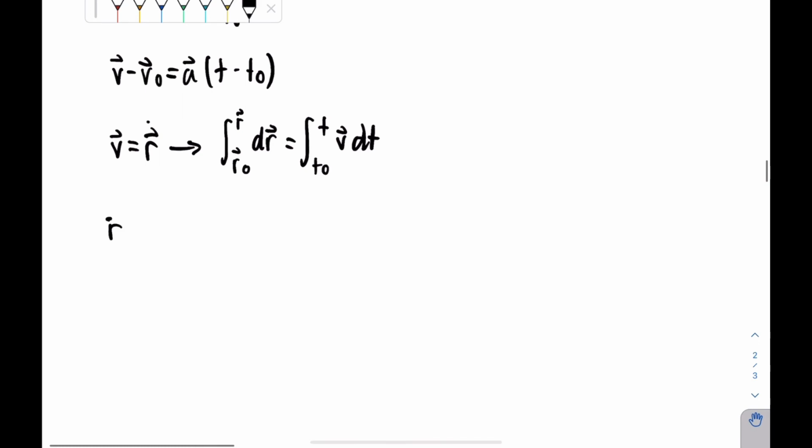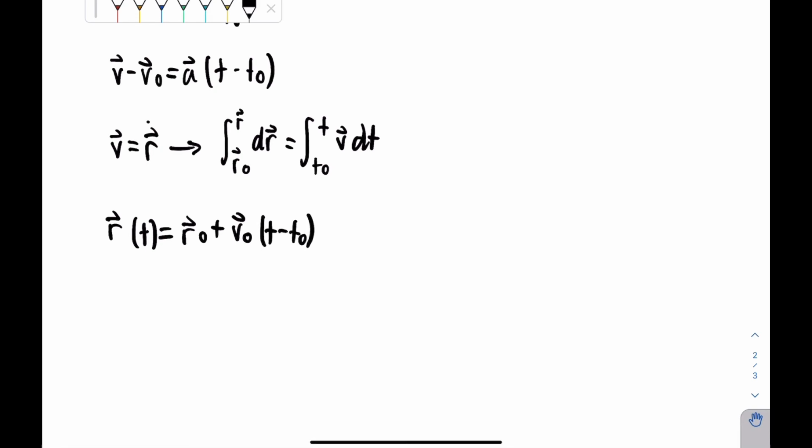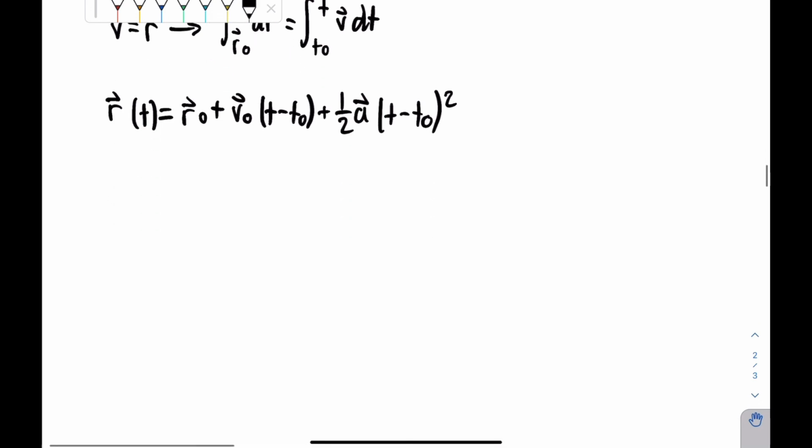Thus, we get an expression very similar to what we had for one-dimensional kinematics, that our position function is equal to r naught plus v naught times t minus t naught plus 1/2 acceleration t minus t naught squared. We can break this down into components with a matrix equation.